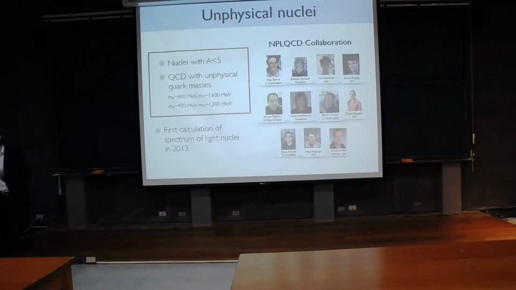The only major difference is with the HAL QCD group, who are doing a completely different approach based on potentials. Whereas we're doing an approach based on constructing the nuclei via contractions and so on, and they're doing a potential-based method. And all of the groups in the United States are doing the same as us in terms of approach.